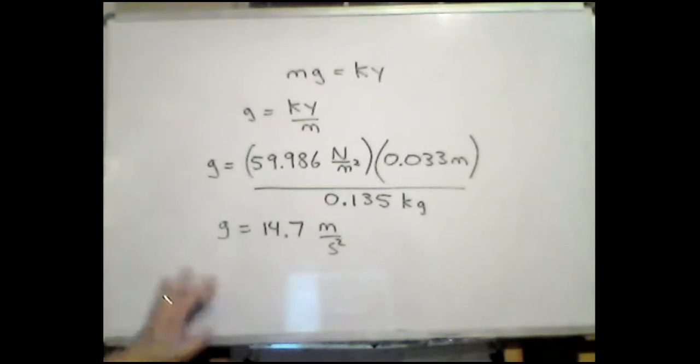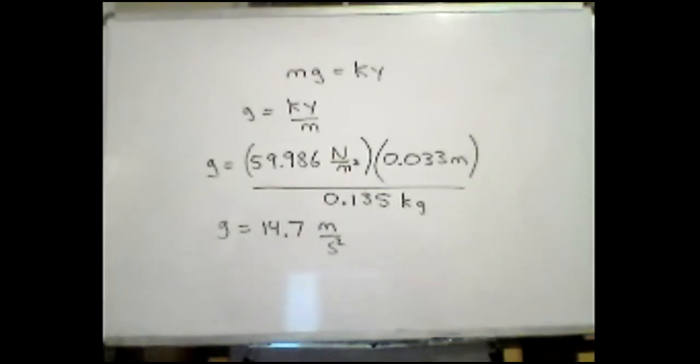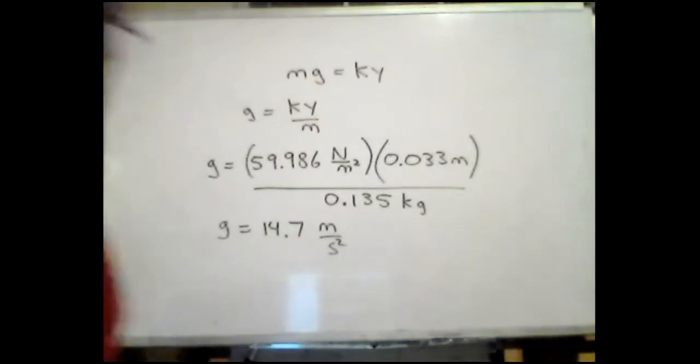Don't quote me, but it's a very large planet. Here we're at 9.8, so planet X has a much larger gravitational acceleration than we would experience here. We do the same kind of thing, but this time we're solving for g on another planet. Anyway, that's page 4.